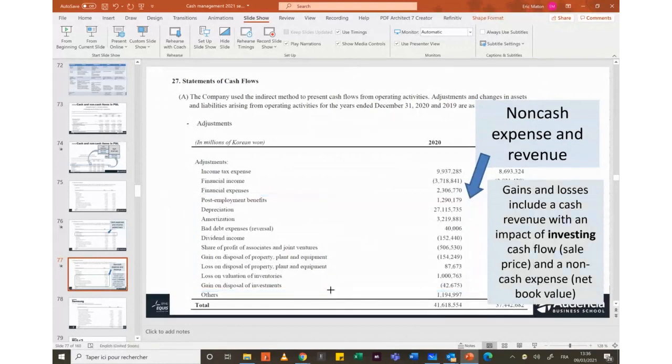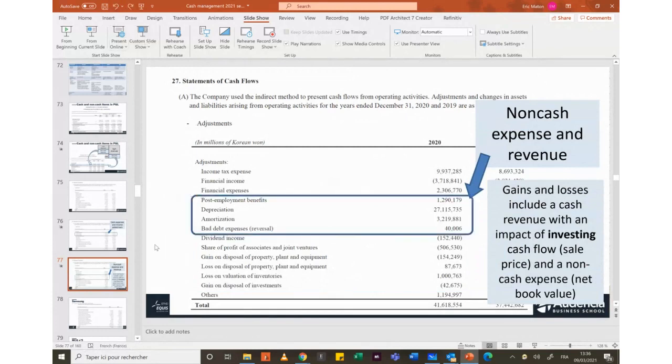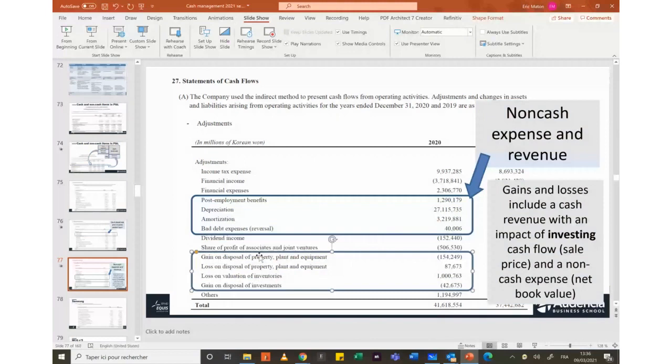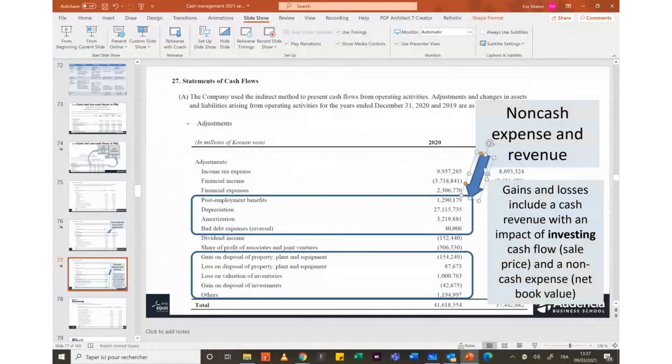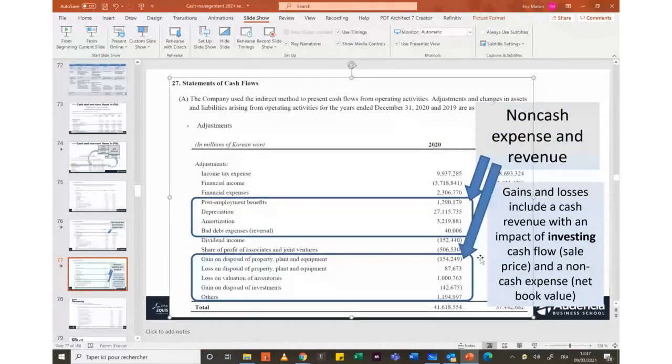So here, here, and in the second part here. And here the dividend income and the share of profit.